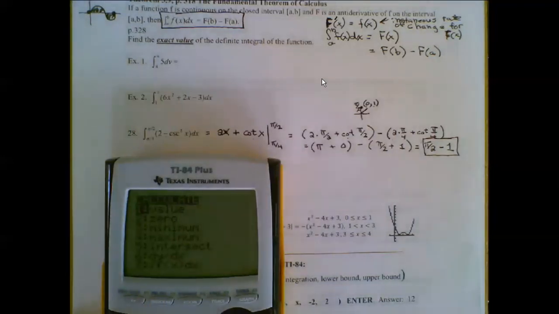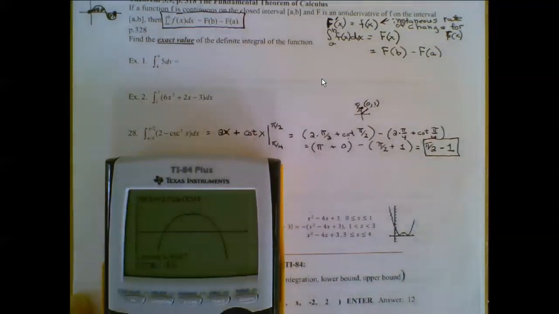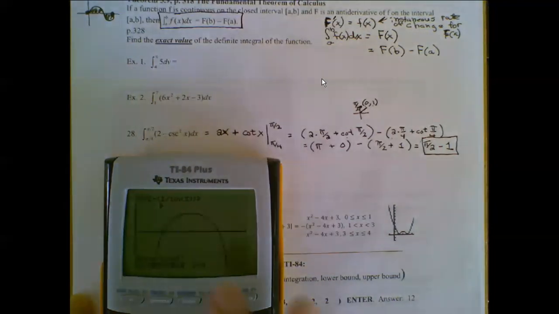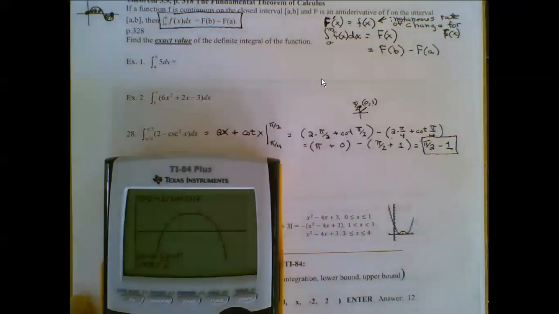When I enter a 7, it's going to ask me for the lower limit, which is supposed to be pi over 4. Then it's going to ask me for the upper limit, pi over 2. Watch what happens when I enter that.